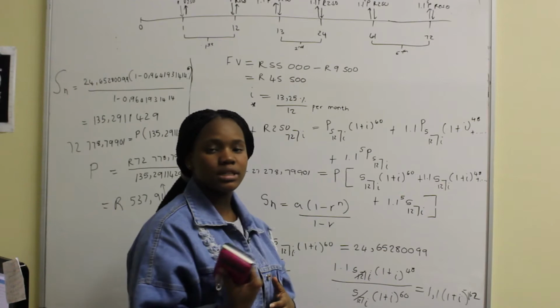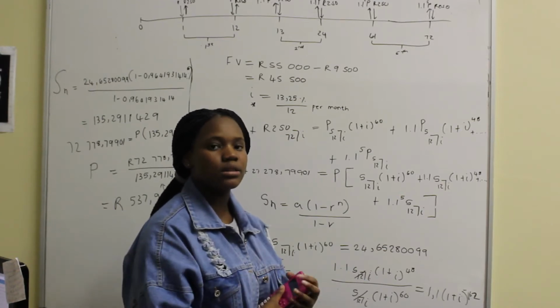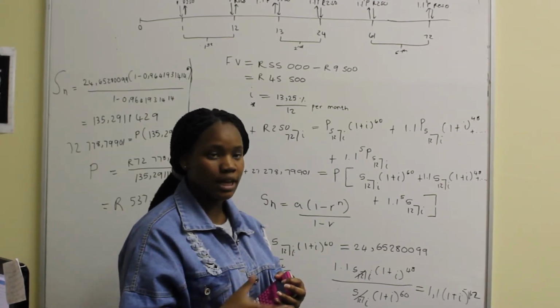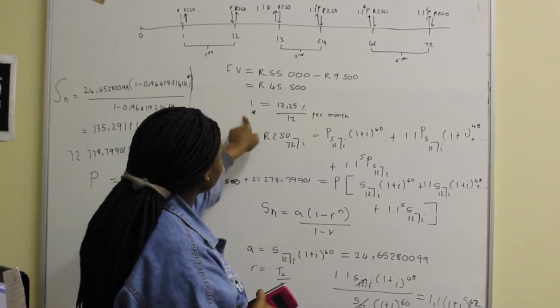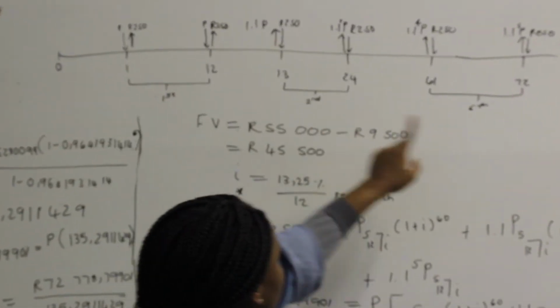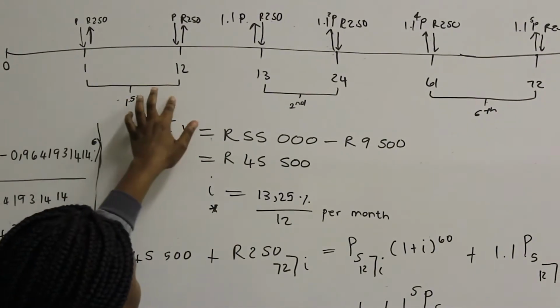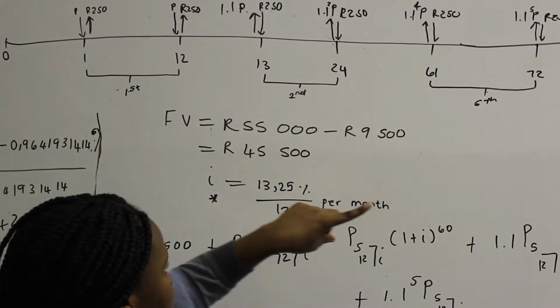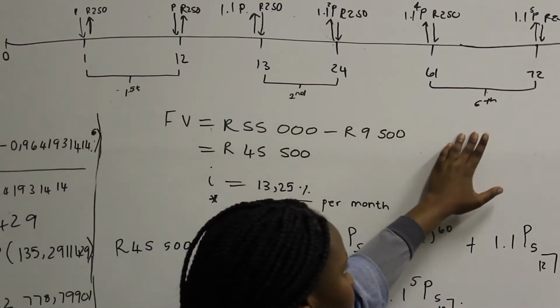As the example says, it's tax-free, so we don't have to calculate the interest before tax or after tax. So the timeline is already drawn. It's 6 years, and my timeline is in months, so it's 72 months.